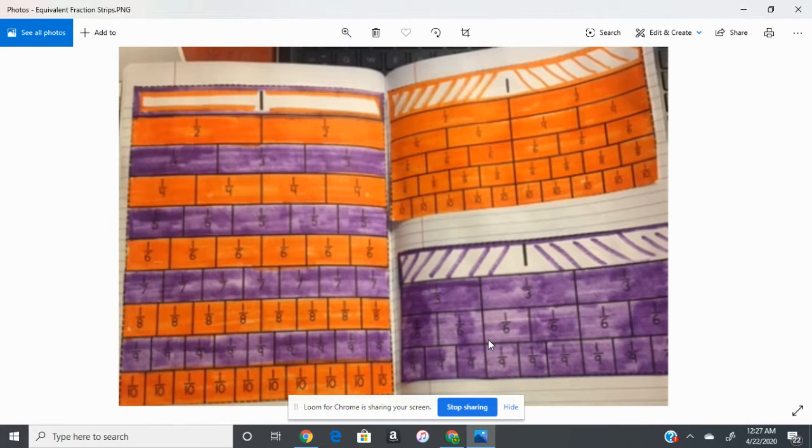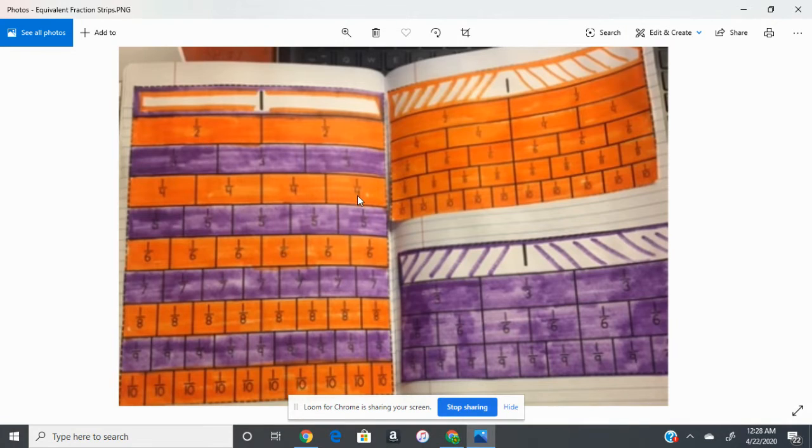I colored it in, but if you look at it, this is a whole piece. So each one of these strips is equal to this whole piece. Let's look at the first one. A half plus a half equals a whole. A third, and a third is equal to a whole. A fourth plus a fourth plus a fourth plus a fourth is equal to a whole.